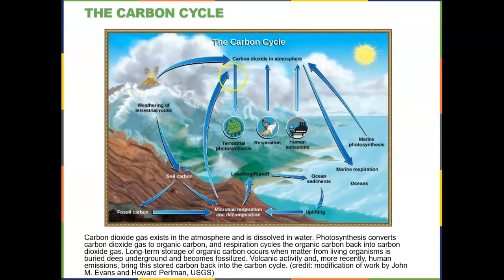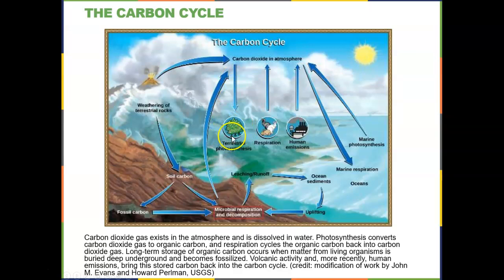Now we see that we can move carbon out of the atmosphere by allowing photosynthesizers like plants, or other photosynthesizers, bacteria or algae that we would see in the oceans, to take up carbon dioxide from the atmosphere.